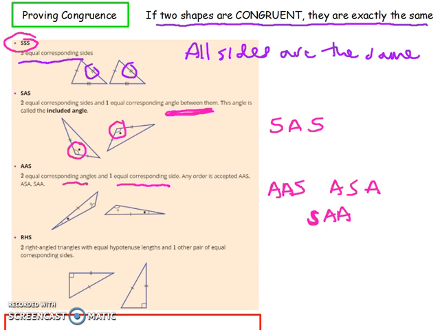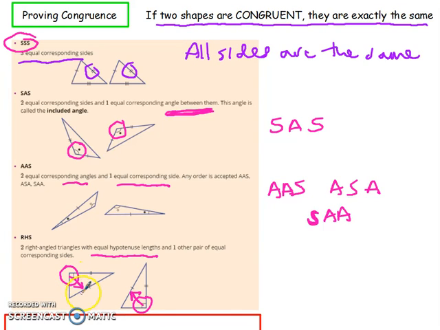Our last test for congruency is if we've got a right-angled triangle. We can first of all recognise that both of our triangles have right angles. So it says here two right-angled triangles with an equal hypotenuse. Now the hypotenuse is always the longest side of the triangle, and it always falls directly opposite the right angle.